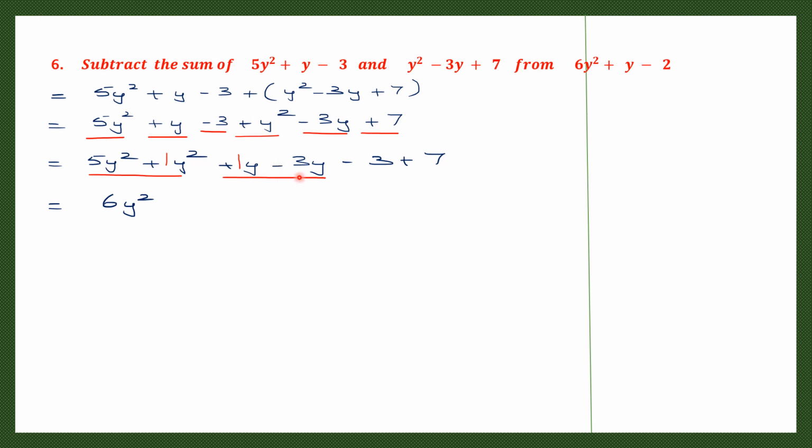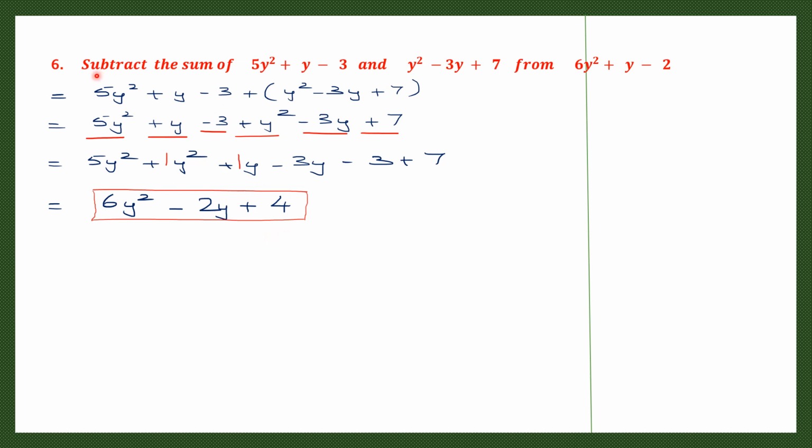Plus 1 minus 3. Signs are different. So we put the sign of the bigger number and we subtract. So that is minus 3 minus 1 is 2. Next, the numbers here minus 3 plus 7. Signs are different. Put the sign of the bigger number and subtract. So that is plus 7 minus 3 is 4. So now we finish the first part.